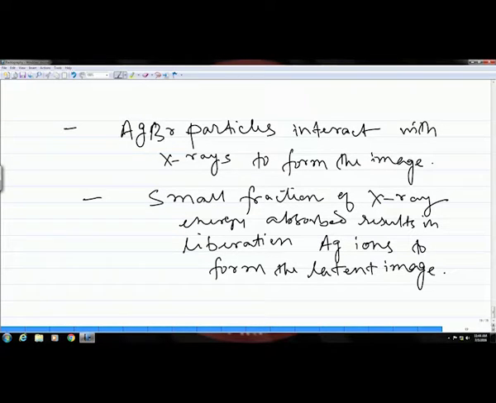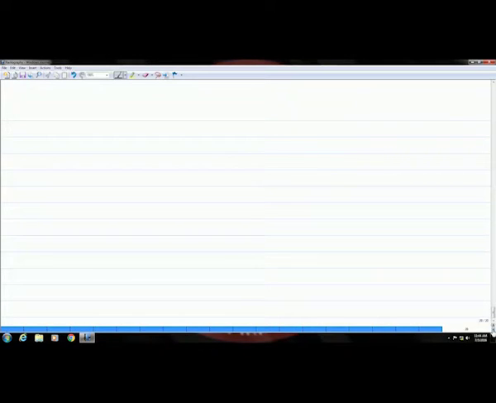Okay, so this is how the image is formed by liberation of the silver ions when they interact with X-rays. And these silver halides are most sensitive to energy in the range of around 45 kilo electron volt.